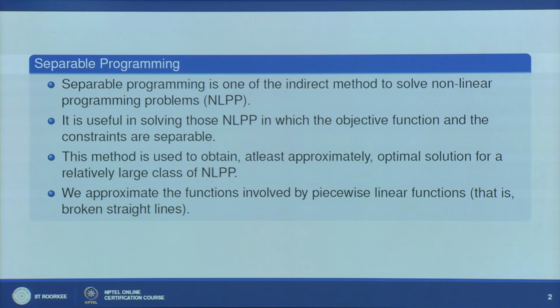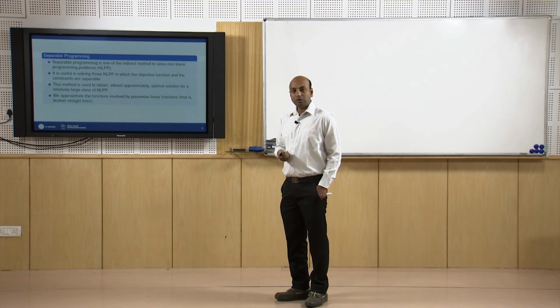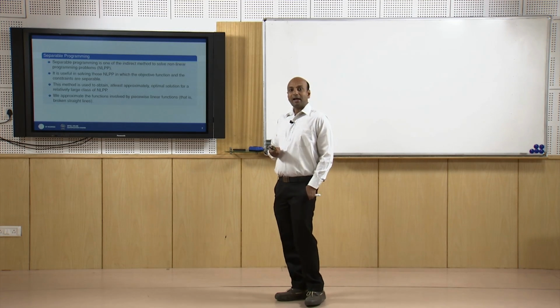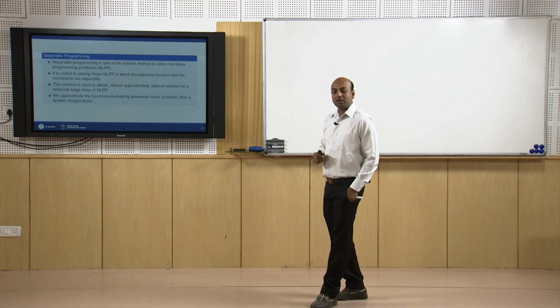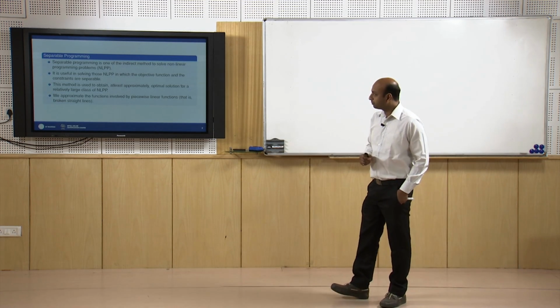This method, separable programming, is used to obtain at least approximately optimal solution for a relatively large class of non-linear programming problems. In this method we are actually not finding the exact solution, but we are finding at least the approximate optimal solution of a given non-linear programming problem.